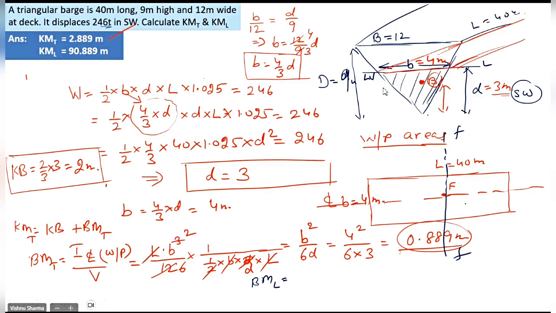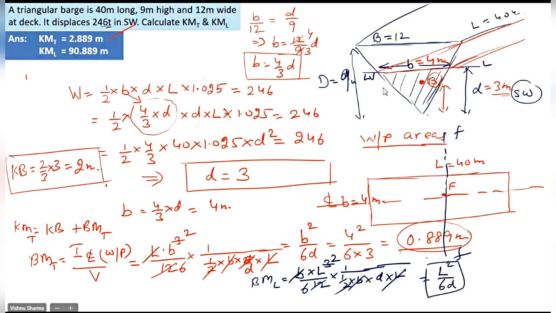It will be B into L cube by 12 divided by volume of displacement, which is half base into height, draft. This is 6. Small b gets cancelled, and length also. One length gets cancelled out, leaving you with L square by 6d. Yes or no, beta? Again, the formula was mugged up in phase 1.